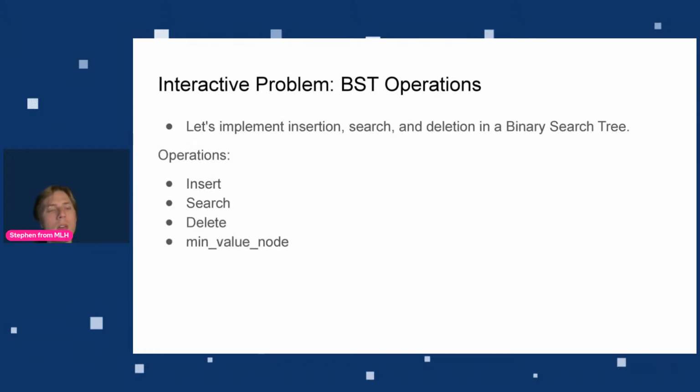And so we're going to implement some of these algorithms in our binary search tree. So why don't we try that now? I want you all to think about how you would implement these operations. Remember, we still have our node, which has the left and right child. How would you use that to build some insertion, search, and delete operators?